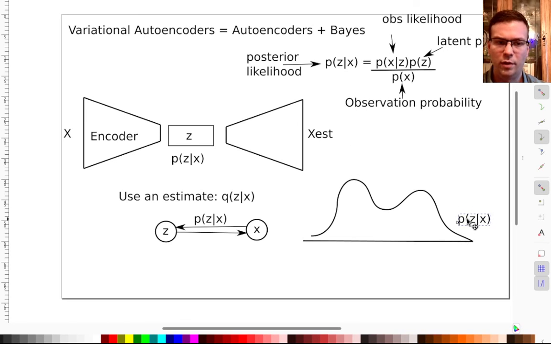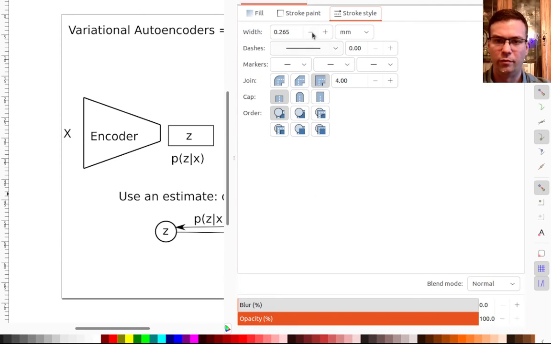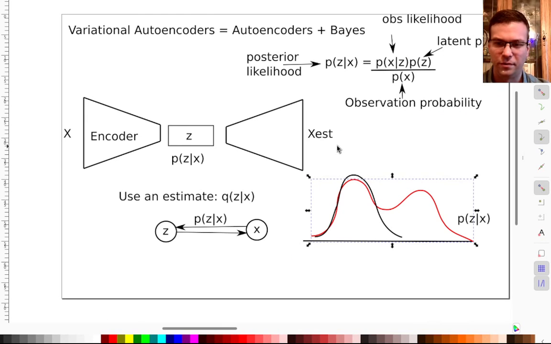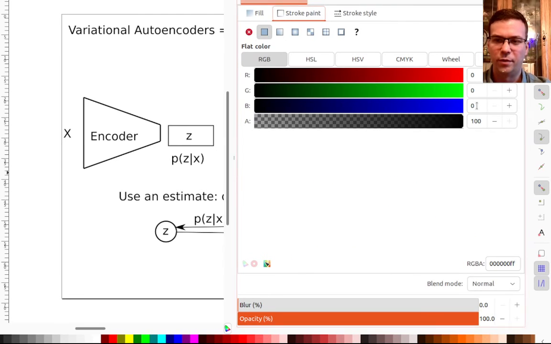But maybe it's easier for me to just represent a Gaussian that I'm trying to fit somehow under here. So maybe this is my Gaussian, I'll call it Q. Maybe I'll use some different colors for this. So P is going to be red and Q is going to be blue. Why not? Those are two standard color choices here.